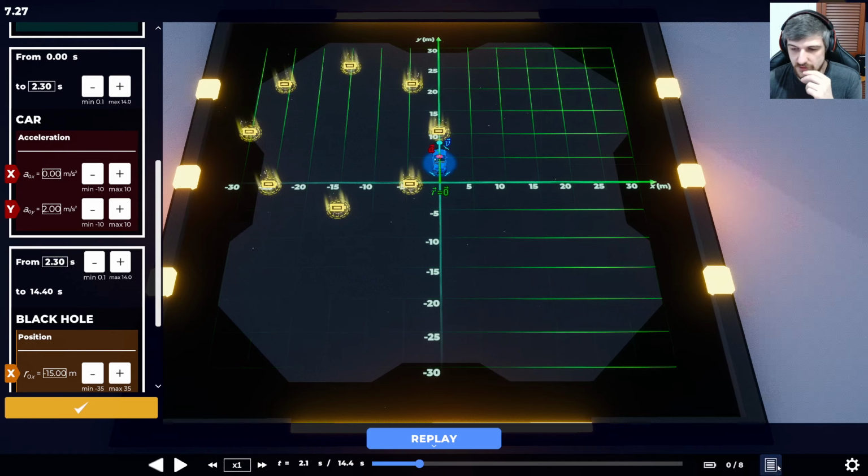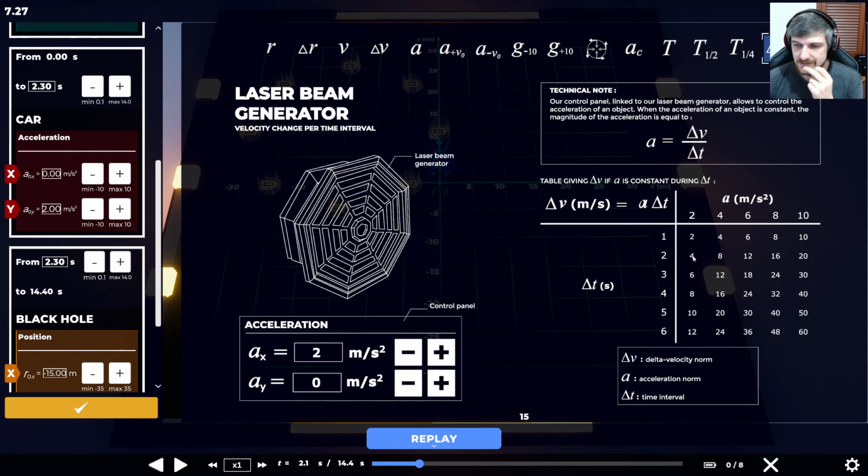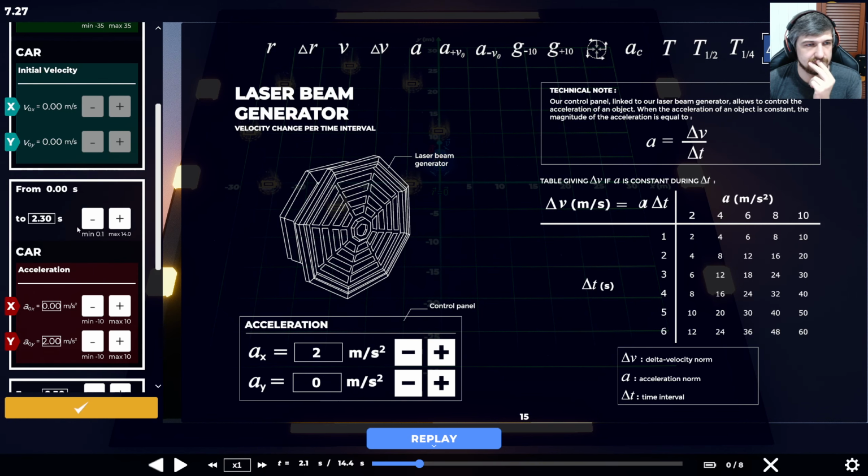That's 5 at 2.1. So this isn't distance. This is just speed. And what we want to do is get to 10 in a couple of seconds. But this is about the speed that we need to get to. And we only have a short area to do it in, though.